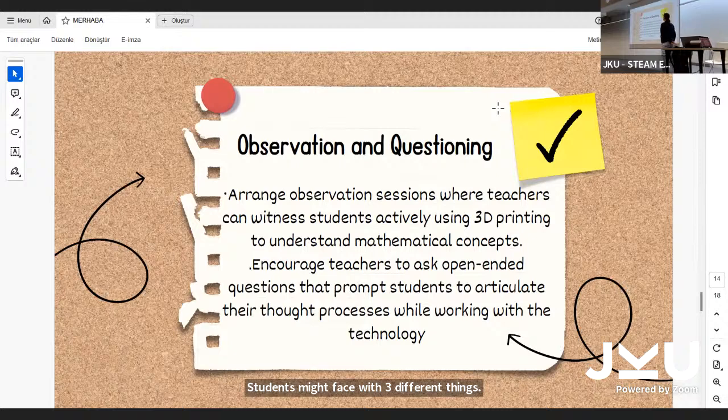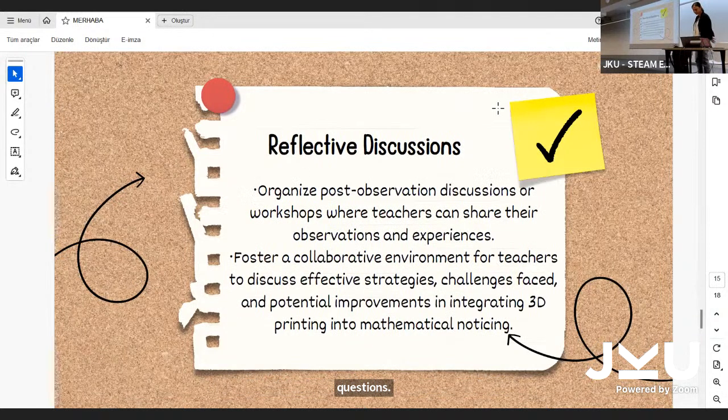It also suggested that we can arrange observation sessions and encourage teachers to ask open-ended questions that prompt students to think.